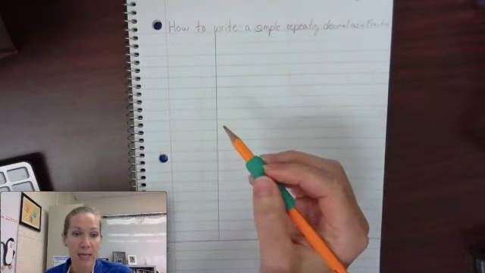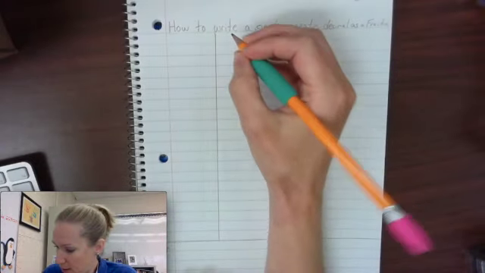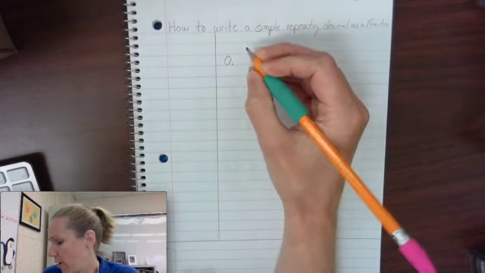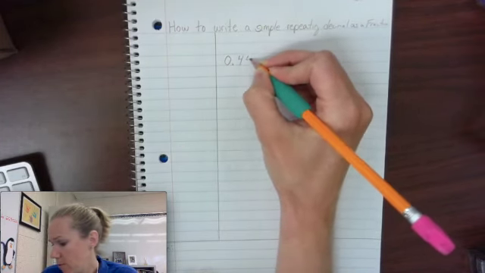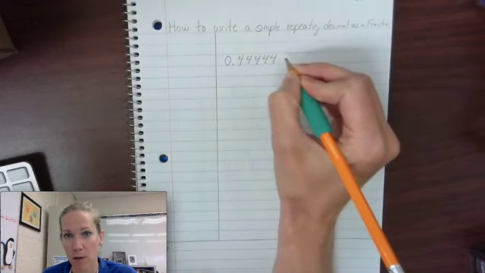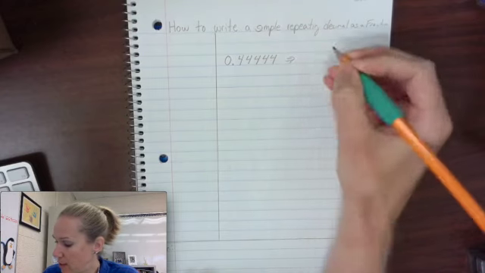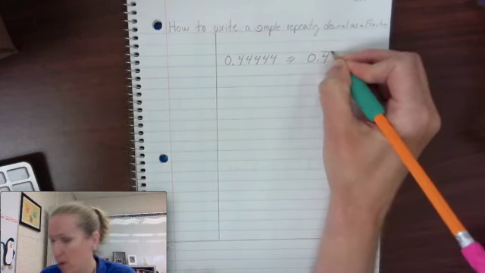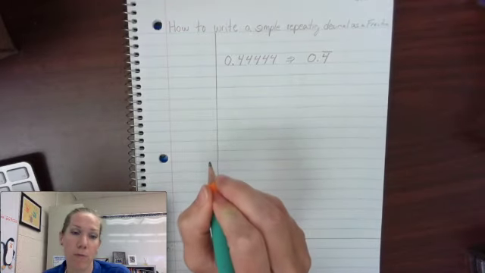So a simple repeating decimal is something like 0.44444, and it just goes on and on and on. Now we of course write this as 0.4 and then put the over bar to show that that's 0.4 repeating.